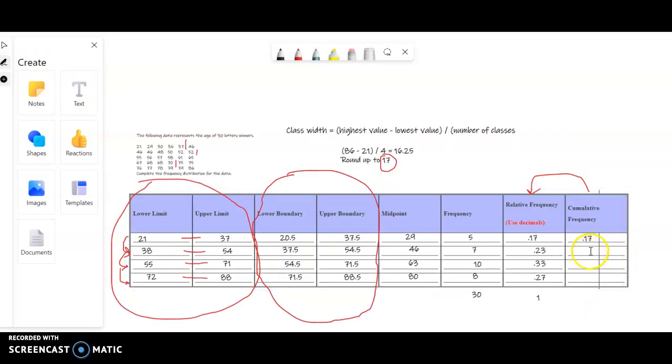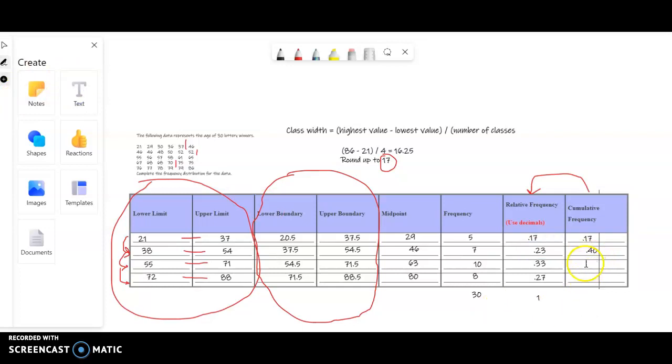For the next cumulative frequency, you're going to take every relative frequency in the rows above it up into where you're looking. So for this one, the second row, you're going to add up 0.23 and 0.17. Okay, so you're going to use every relative frequency in the row that you're working with and above. So 0.17 plus 0.23, I'm getting 0.40.